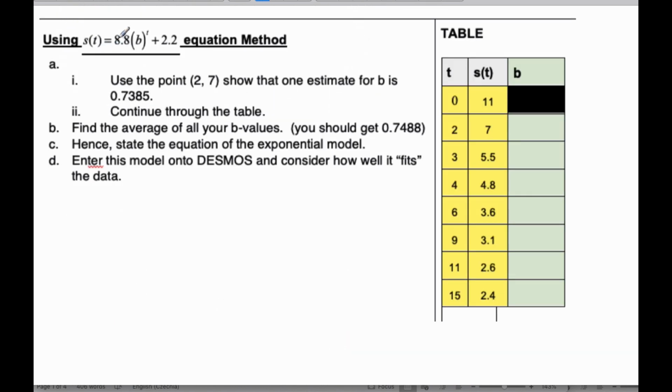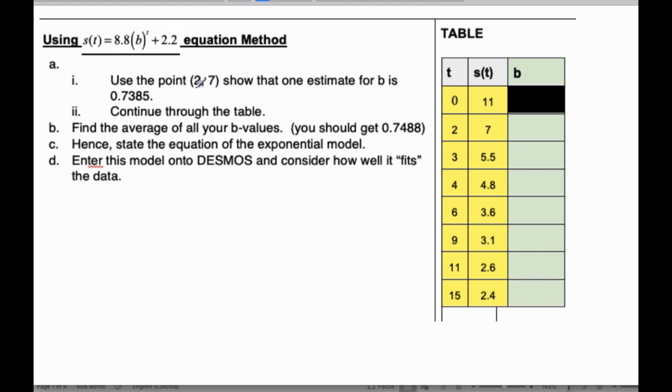So now we have our A value of 8.8 and our C value of 2.2. Choosing your horizontal asymptote appropriately and then calculating your A value works for either method 1 or method 2.